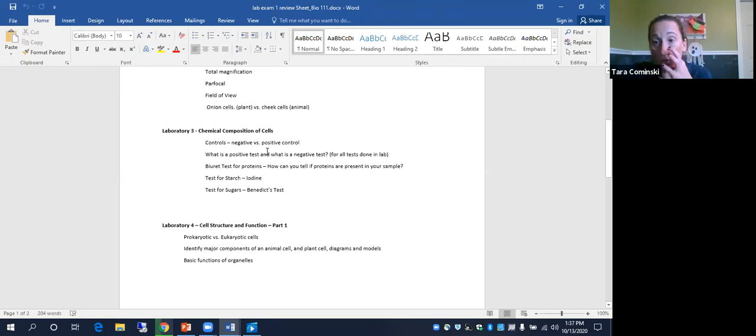Now for controls, it's more about what we mean when we say something's a negative control versus a positive control. In every experiment that we did in that lab, there was a negative control, and in the lab report, the questions under the table ask you about that. What in general was the negative control in all of those experiments?